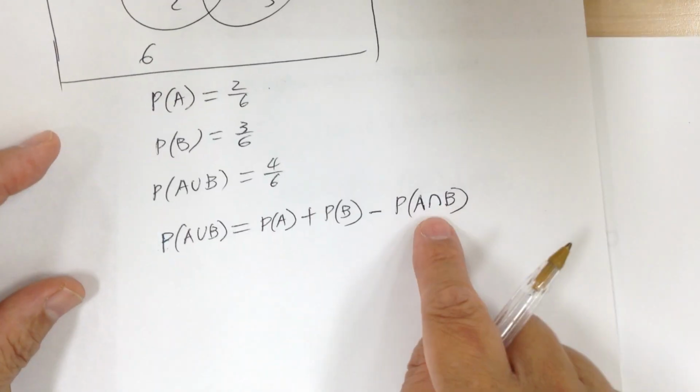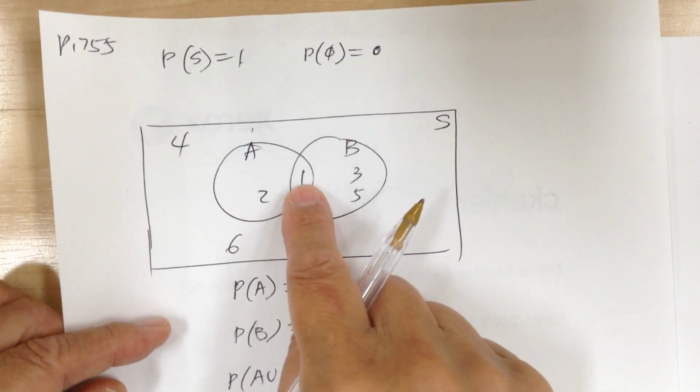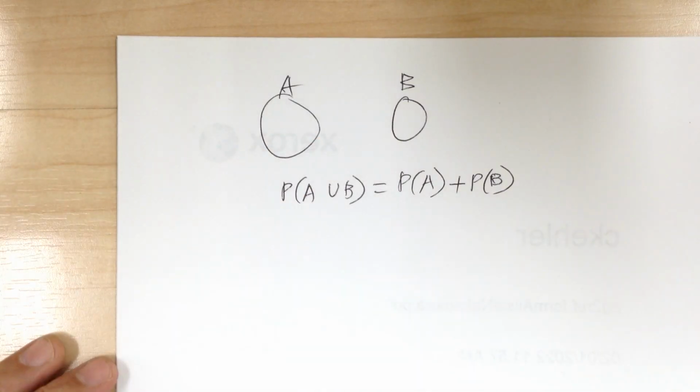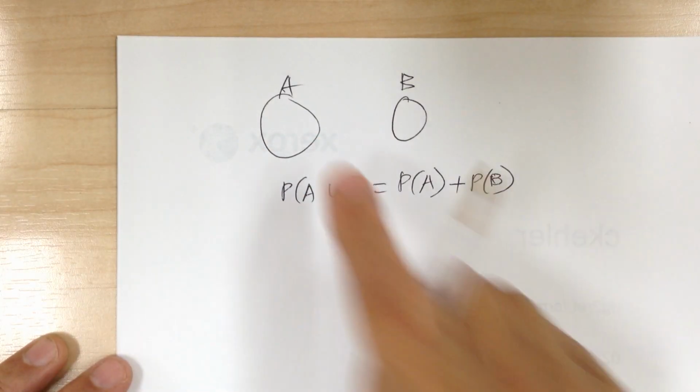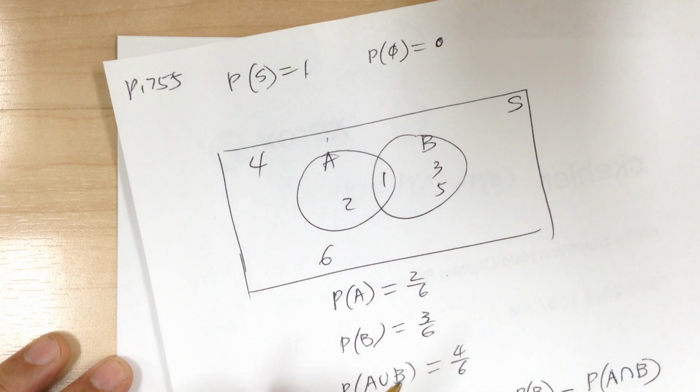So you don't have to worry about this part, because nothing got counted twice. So you don't have to minus that. This is called mutually exclusive. It means it can be either A or B, but not both, unlike this over here, where it can be in A and B at both.